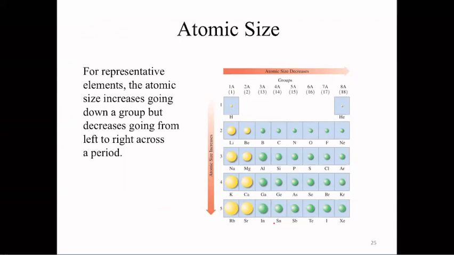Now, if we look within the groups, let's say, for example, we observe group 1A, we see the atomic size is going to increase. This is how we rationalize this particular concept. I utilize a lot of analogies when it comes to this. In the trend, when we are looking across a period, moving left to right, we see the atomic size is getting smaller.